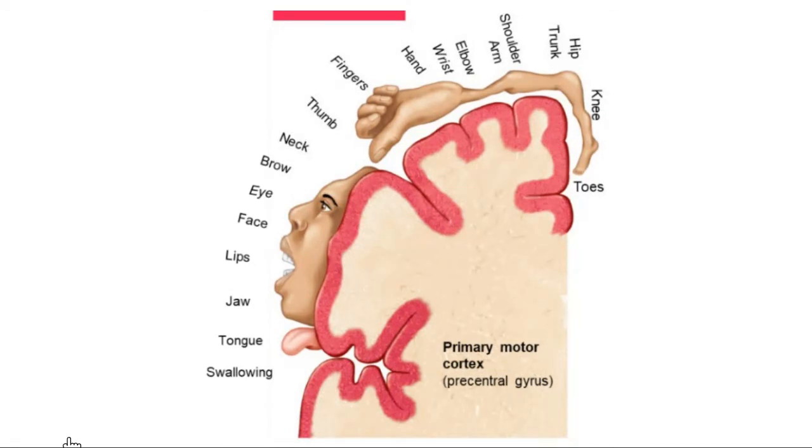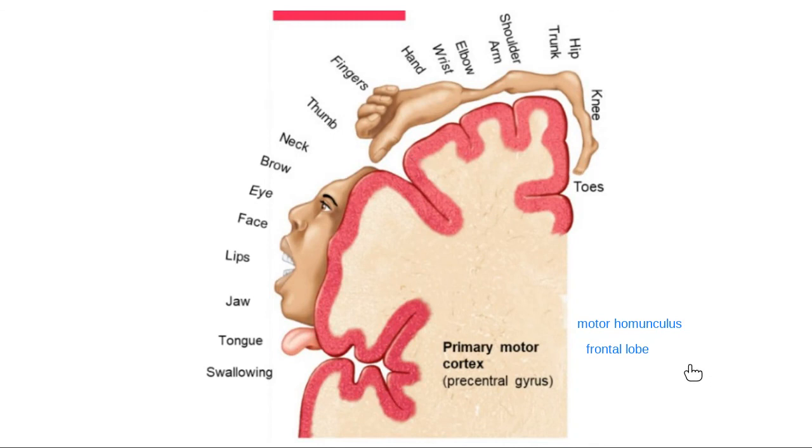Yeah, that's the one in the frontal lobe of the brain. So this map, the motor homunculus, we'll type that label over here. The motor homunculus is found in the frontal lobe of the brain.